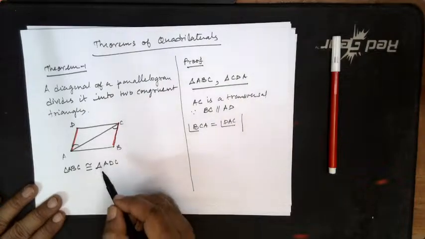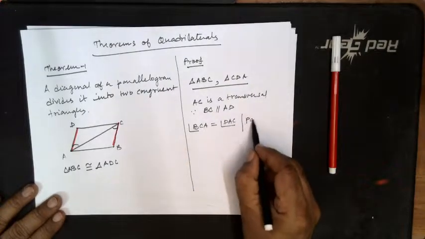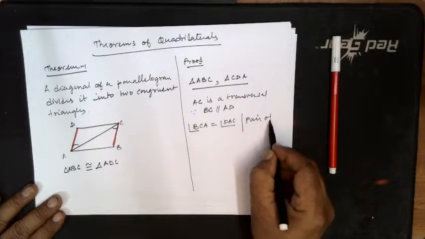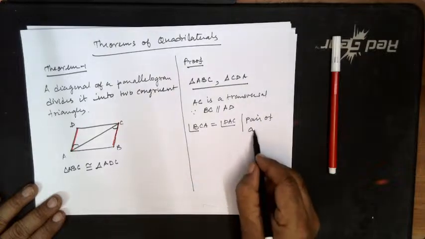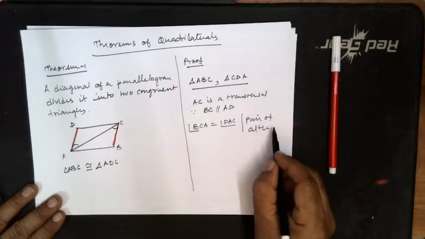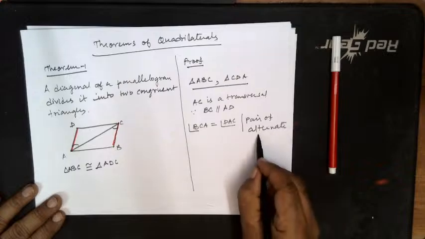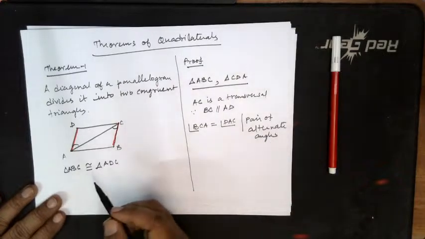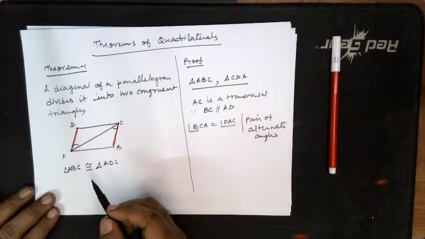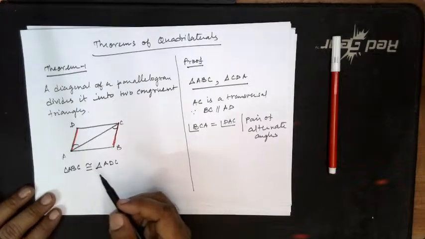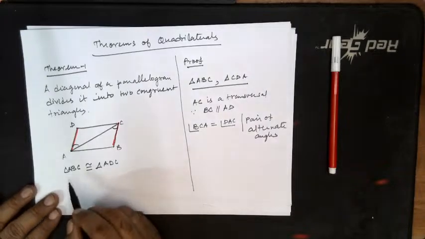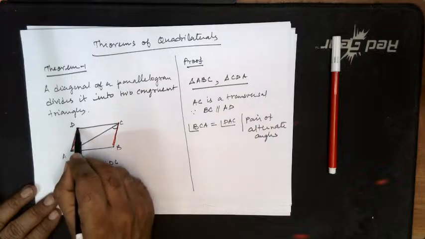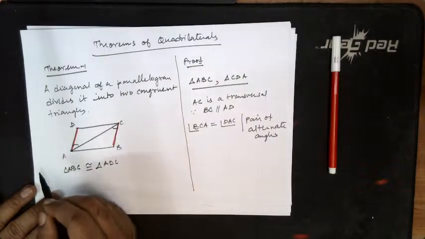Why? Because pair of alternate angles in a parallelogram. Okay, and AB is parallel to CD, is it not?